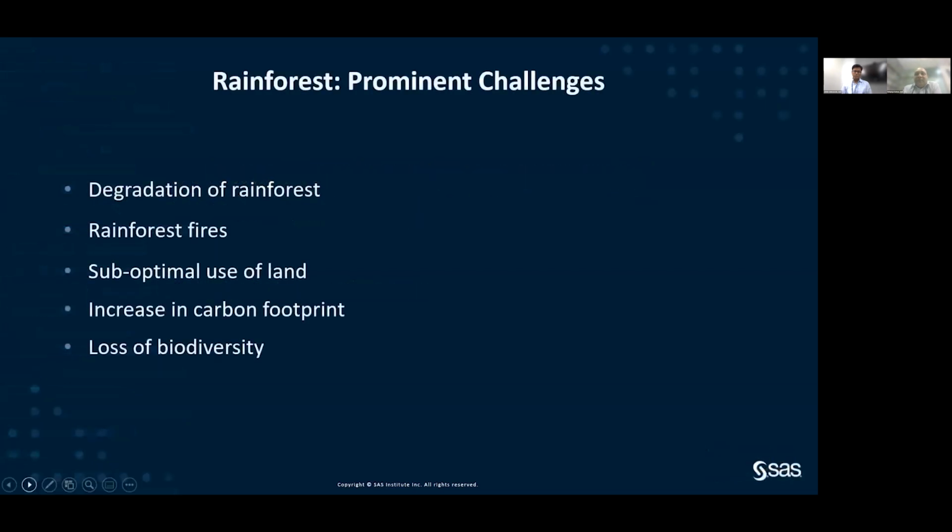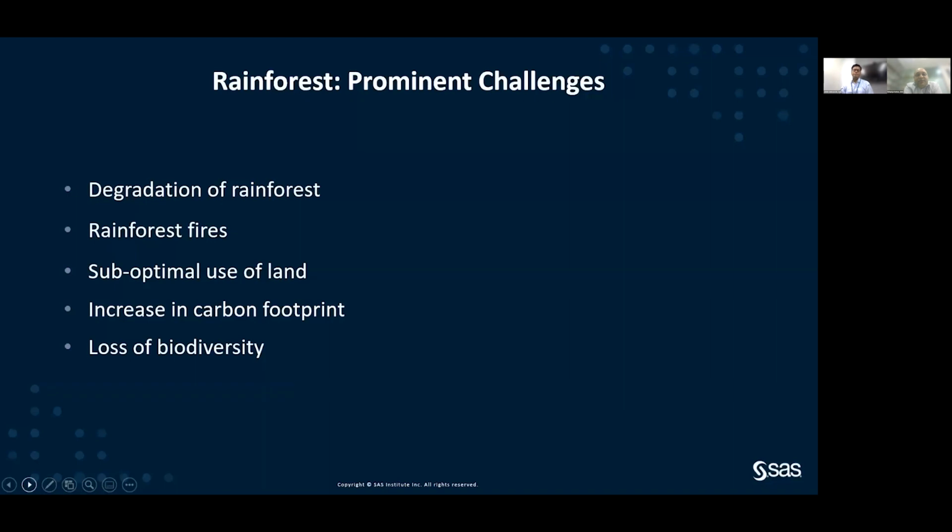Having said all of that, let's talk about some of the key challenges or threats faced by rainforests. Now, sadly, some prominent rainforests today are being ravaged by rampant degradation, and this degradation is putting the rainforest at risk of turning into dry grassland.